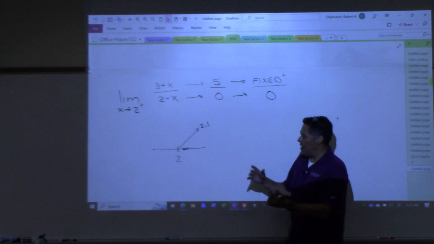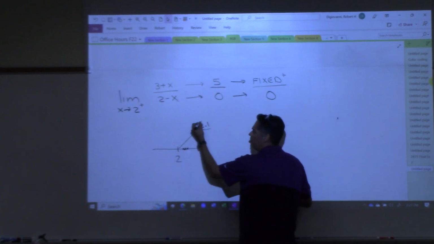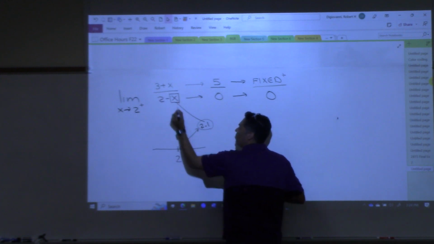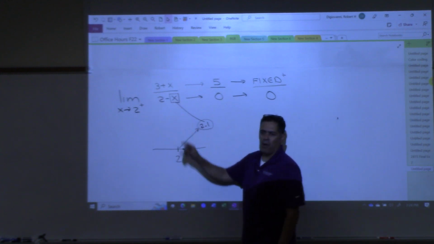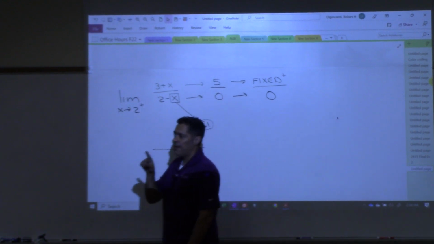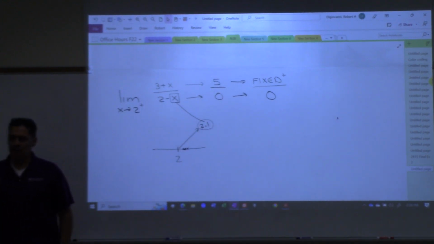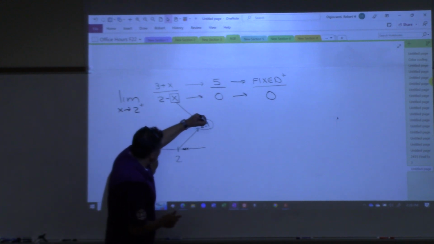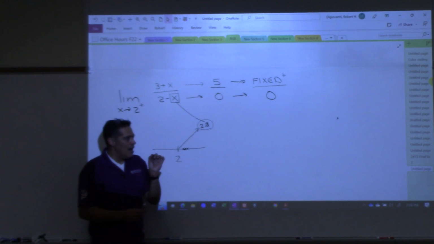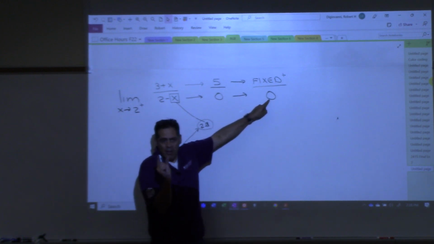But no matter what, if I pick a number to the right of 2 and I plug it in right there, what would 2 take away 2.1 be? Positive or negative? 2 take away 2.1 would be negative, wouldn't it? Even if I would have used 2.01 and plugged it in here, it would be negative. I already know that this is getting small. I already know it's going to 0.